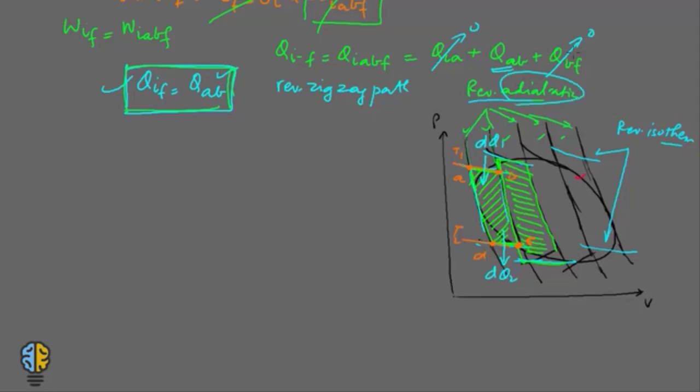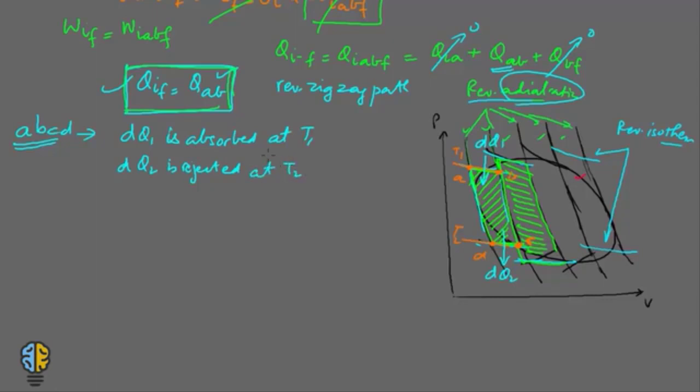So I can write that for an elementary cycle A, B, C, D, heat dq1 is absorbed reversibly at temperature T1, and dq2 heat is rejected reversibly at temperature T2.